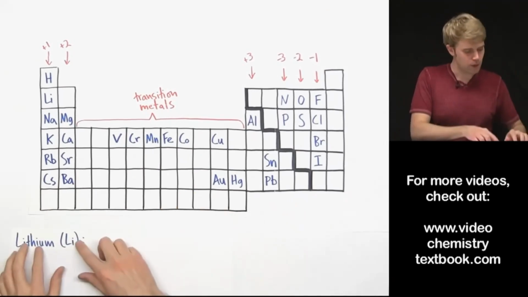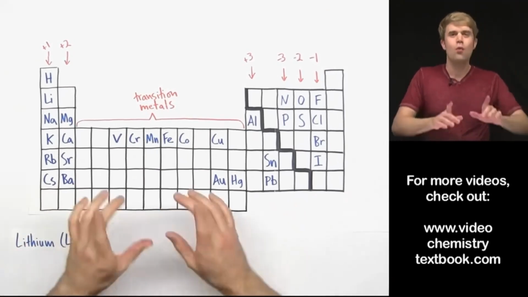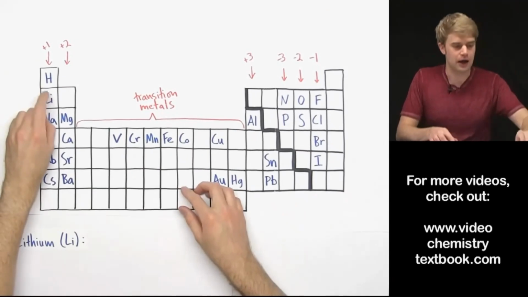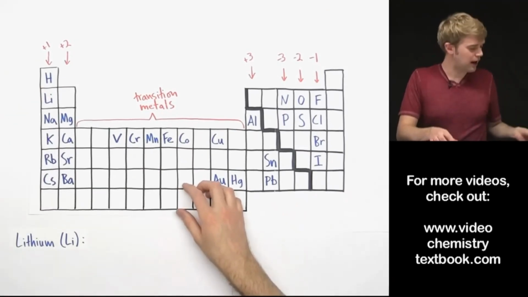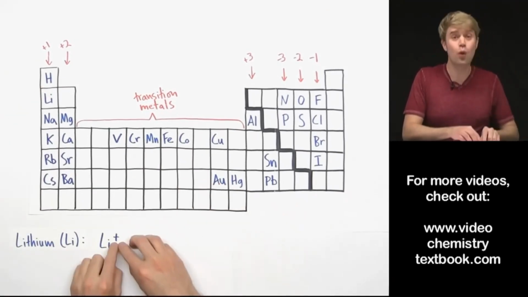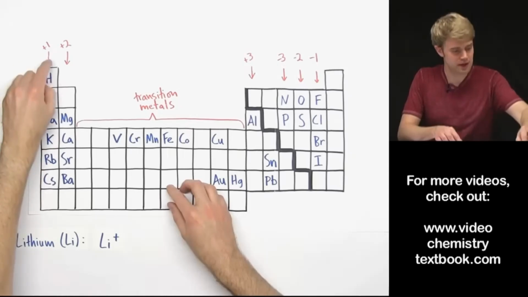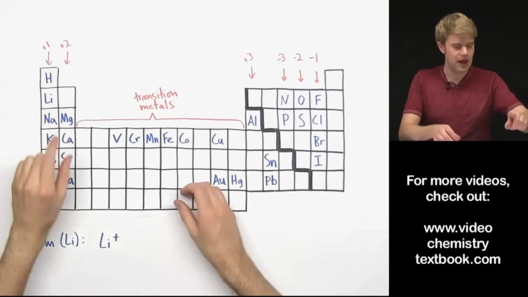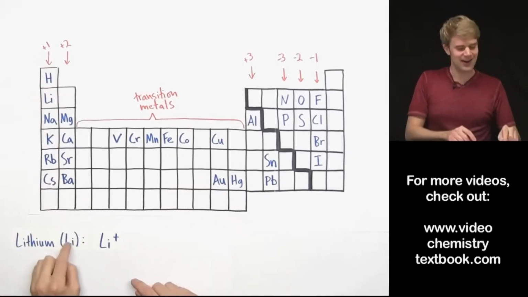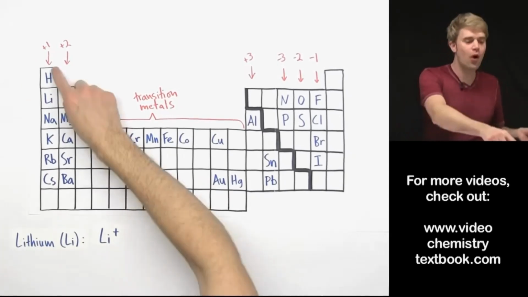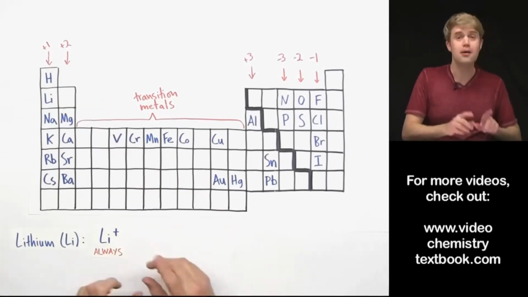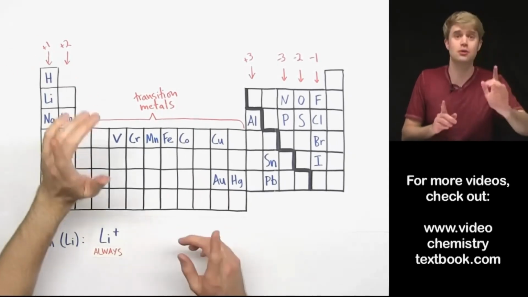Okay, so lithium. When lithium forms an ion, we know that that ion is going to have a +1 charge. That's because lithium is in this column. Every single ion that lithium makes is always going to be +1. We know that based on its location.